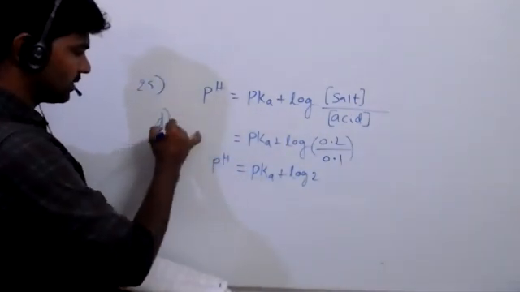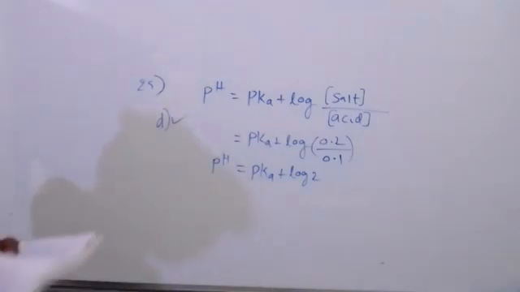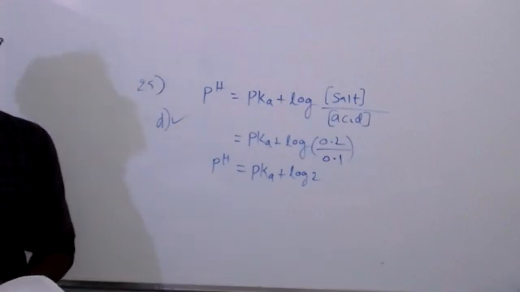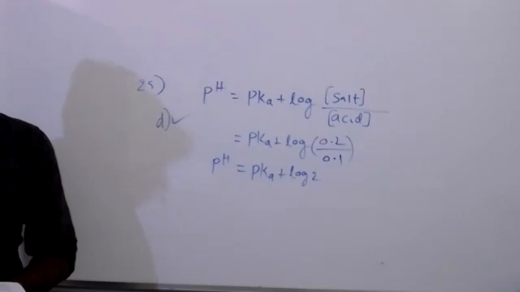D is the correct answer. Salt is added two times: first 0.1, and further sodium acetate is added, so 0.2.